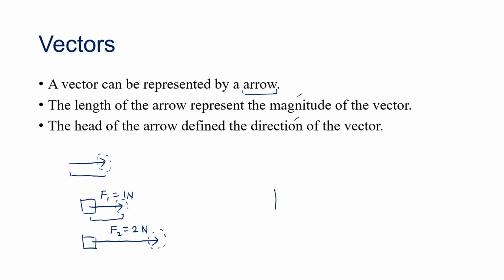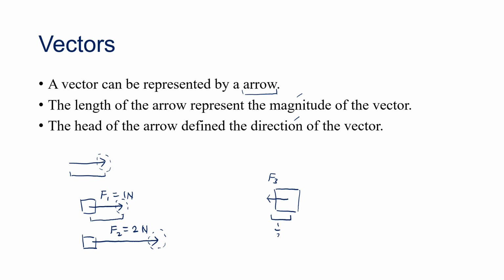Now if we have a third object, we apply a force, let's say something like this, and this is F3, toward the negative x direction. You can see the arrow here is pointing to the opposite side, right? And the length of this is about half of F1.